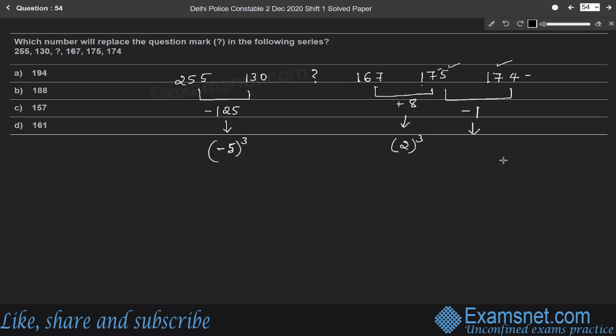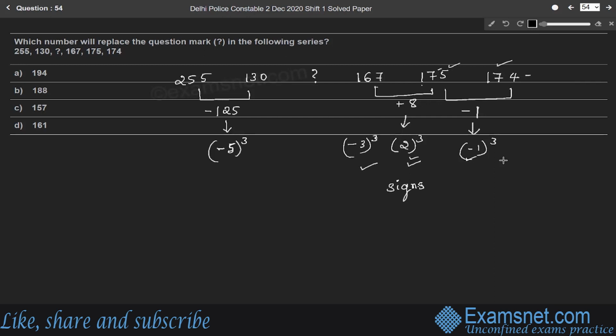This minus 1 can be written as minus 1 cube. Therefore, the difference before 2 cube has to be minus 3 cube. Look at minus 3, plus 2 and minus 1 cube. Here the negative and positive signs are occurring alternately, right?